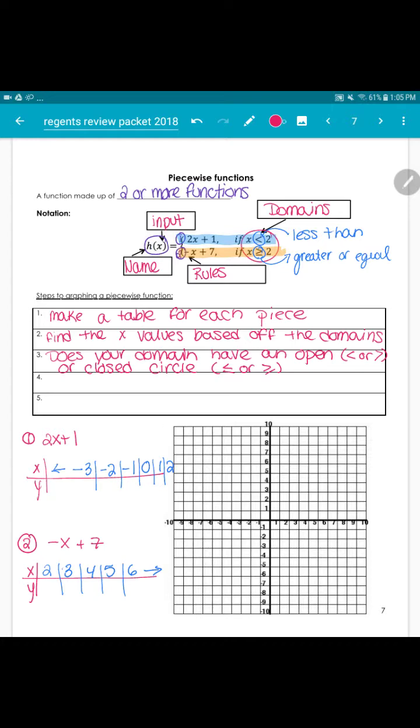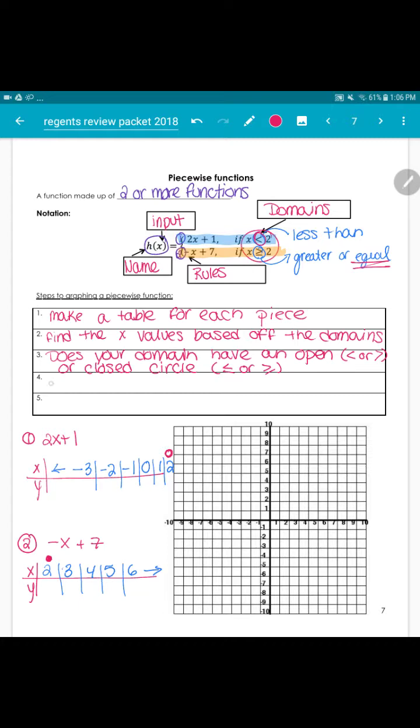Okay, so open circle is when our symbol has less than or greater than without the line. So that means for 2, I'm going to put an open circle next to it. And for the second piece, it has a greater than or equal, and that equal tells me that I'm going to have a closed circle next to that too. So when I'm graphing this, I need to make sure to include the open and closed circles.